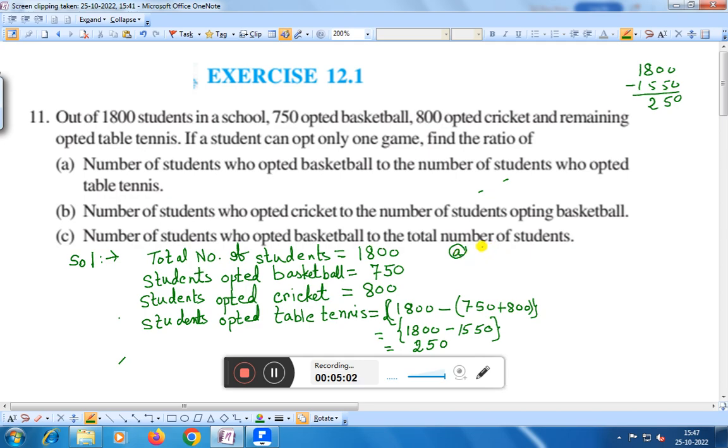That means the number of students opted for basketball to the students opted table tennis.